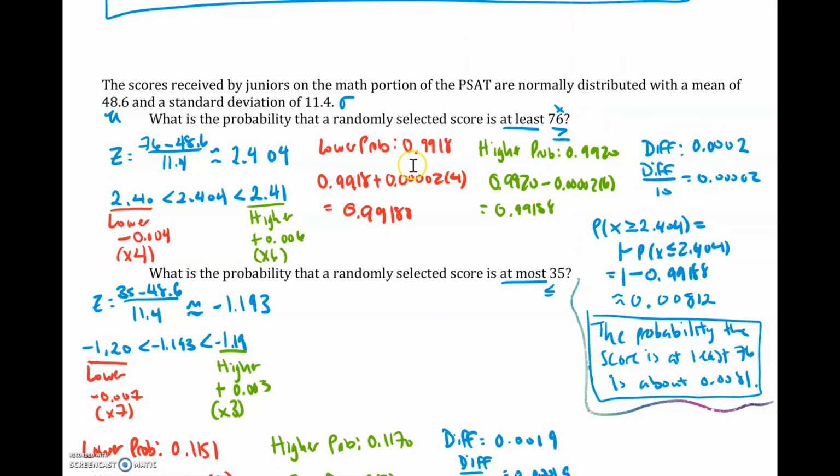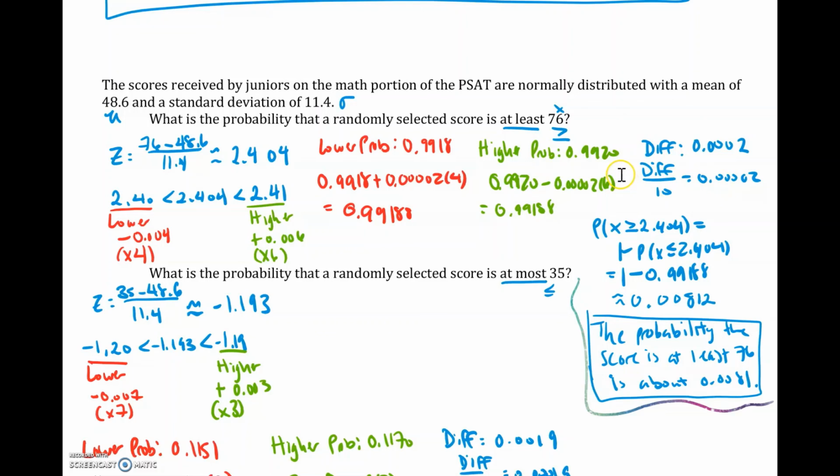Okay, then we come back in and you're going to choose either the red route or the green route, or you can do both to check. It gives you the same number, regardless of what you want to do. If we're going the lower route, the lower probability is 0.9918 plus the difference divided by 10 times 4. Okay, or if you wanted the higher probability, we take that 0.9920 minus that difference divided by 10, that 0.00002, multiplied by 6.